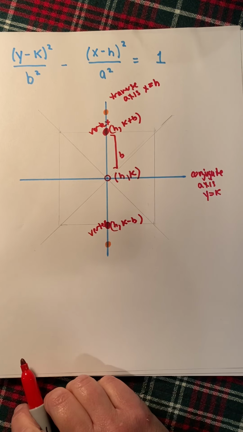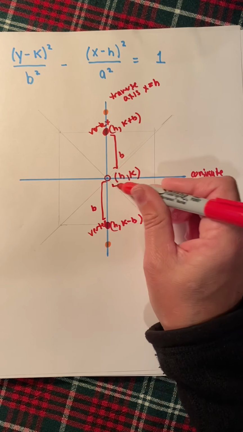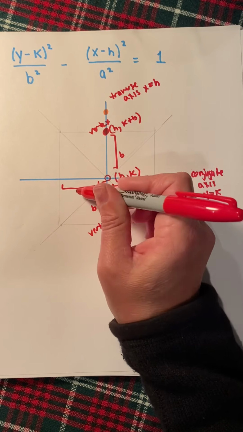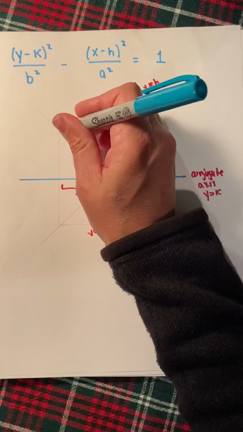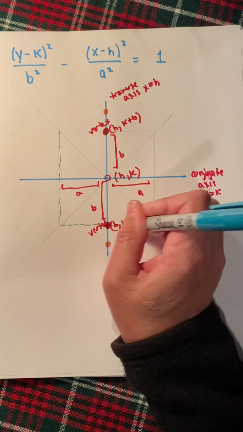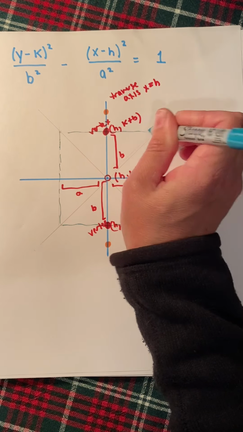Now the sides of the box: we're going to go to the right a and to the left a, and draw our little box. So it's the same box as we drew previously, a units to the right and the left of the center, and b units to the top and the bottom of the center.